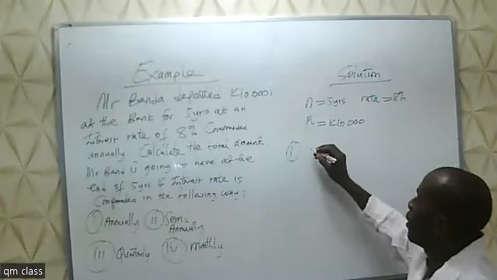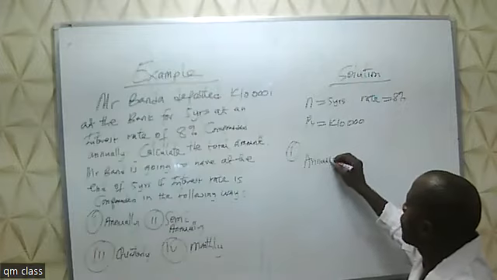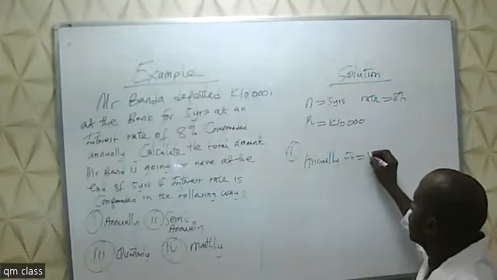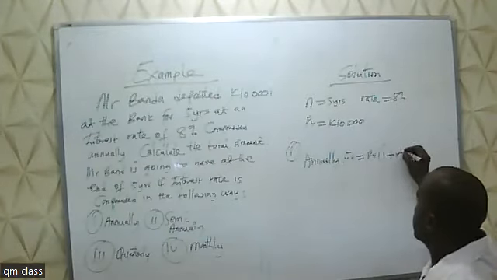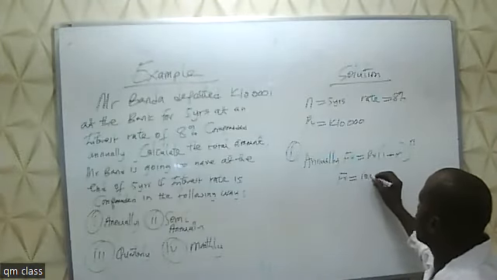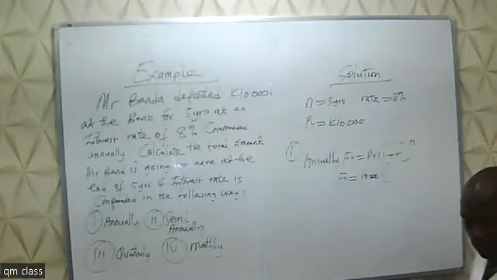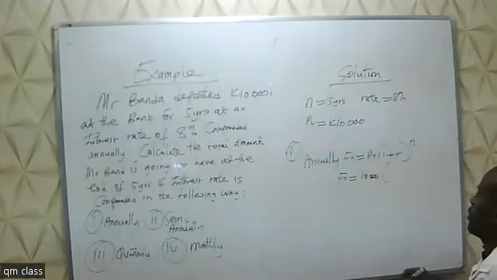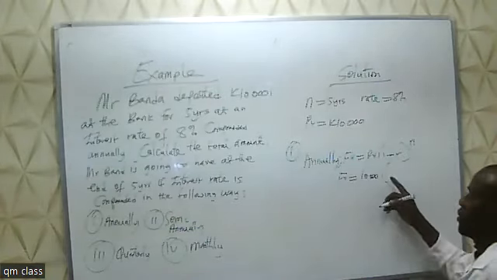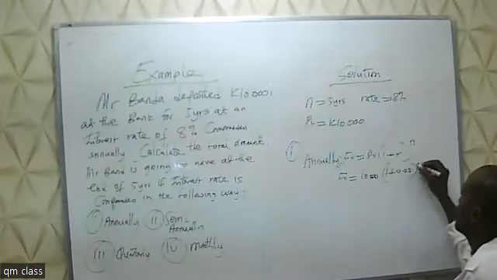So you can say our future value, annually here, future value is equal to present value times (1 plus r) to the power n. Our future value is equal to present value of 10,000. What is our interest rate there? Interest rate is 8%. So we can substitute here: present value 10,000, 1 plus 0.08, to the power n which is 5.